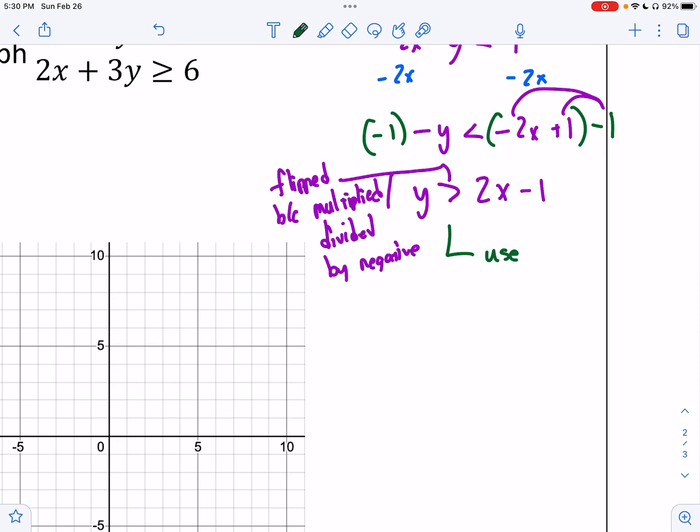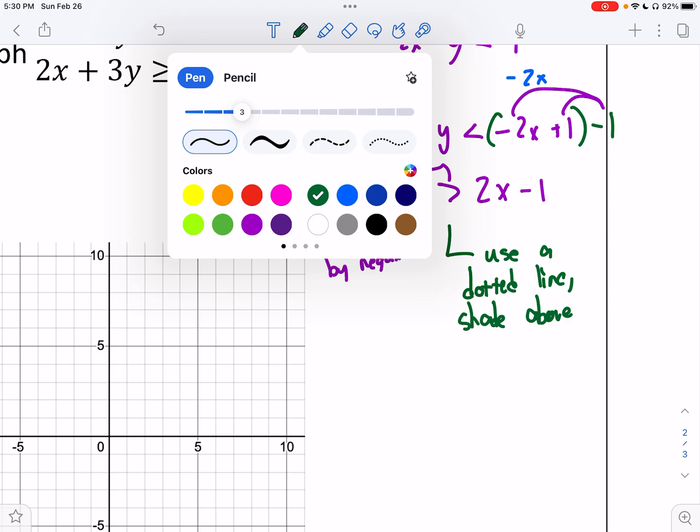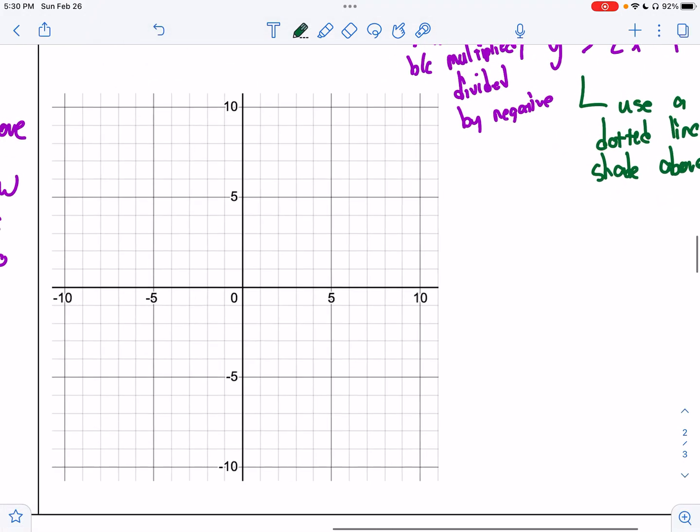So use a dotted line and shade above because it's a greater than sign. So 2x minus 1 looks like that.